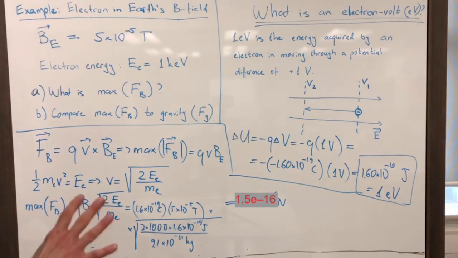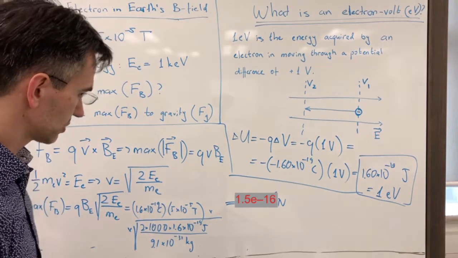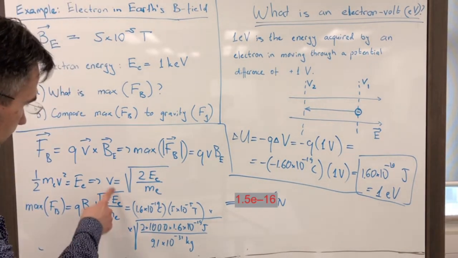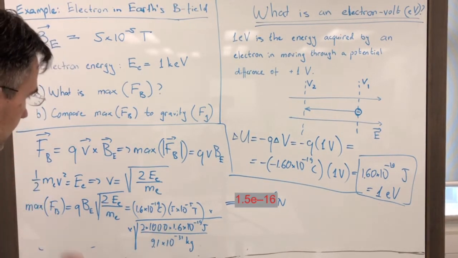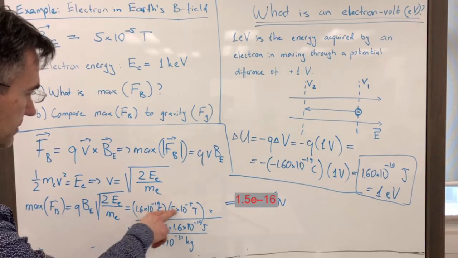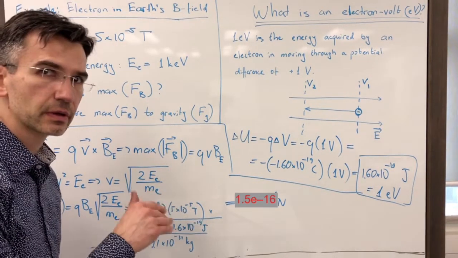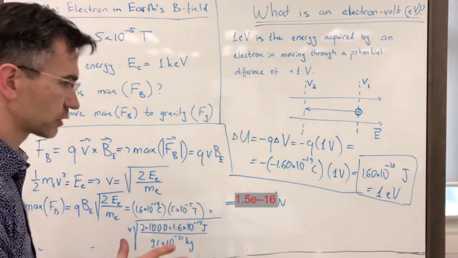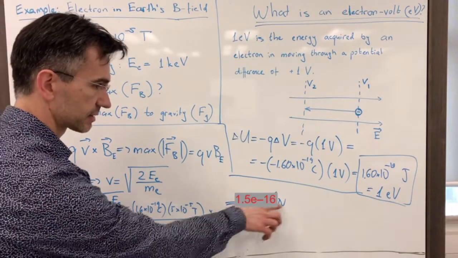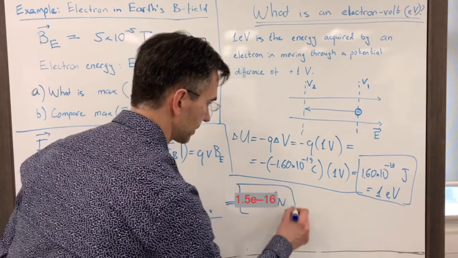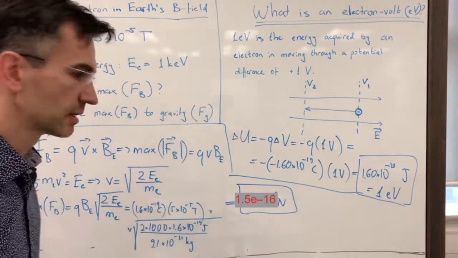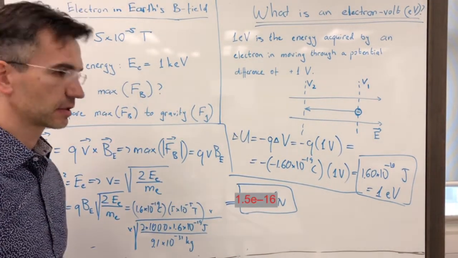We should do a unit check: the square root is a velocity, in meters per second, and we have coulombs and Tesla, where the Tesla is a Newton per ampere meter. When you do the unit check, you'll find that this evaluates to newtons. So this is our answer to part A, the maximum force that the electron can experience in Earth's magnetic field.